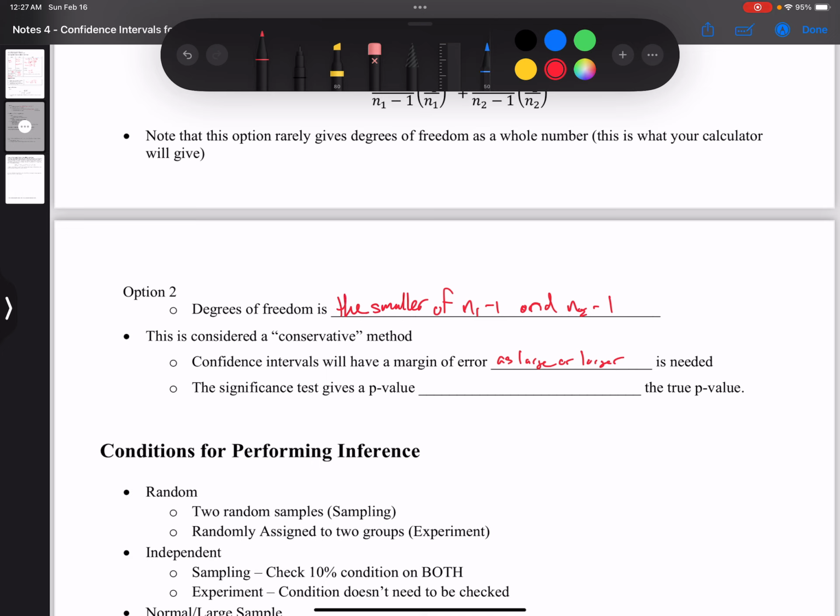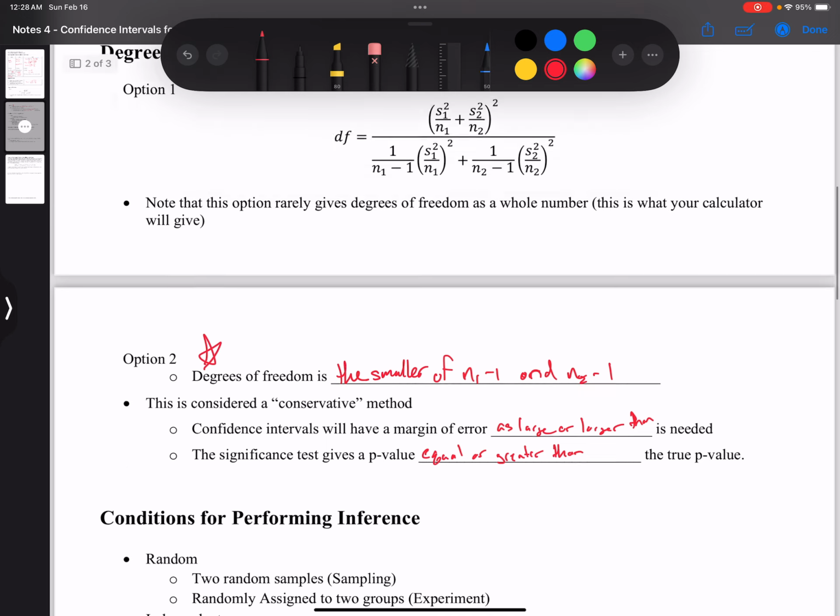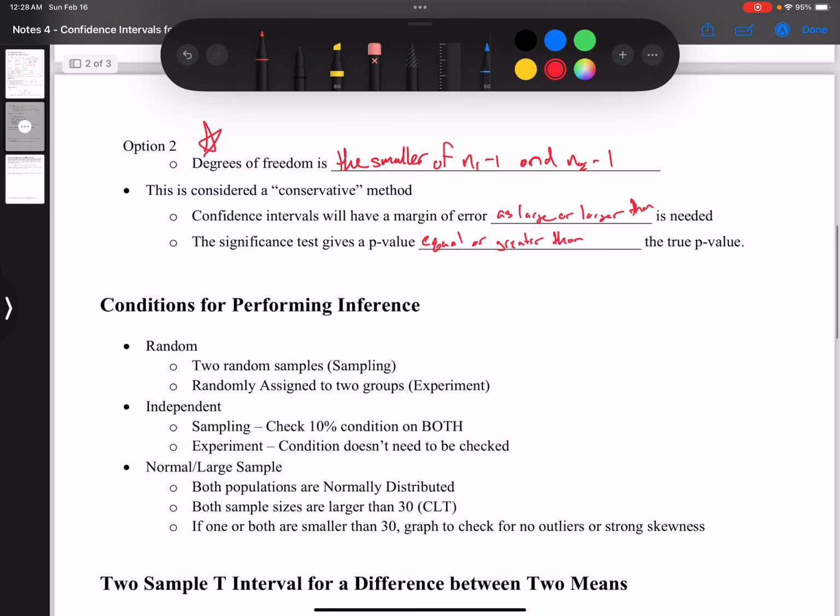And the significance test will give a p-value that is equal to or greater than the true p-value. So there is a little bit of error involved, but we understand that when we use this degrees of freedom method rather than the other. This is what you want to remember and memorize. Don't worry about the other one.